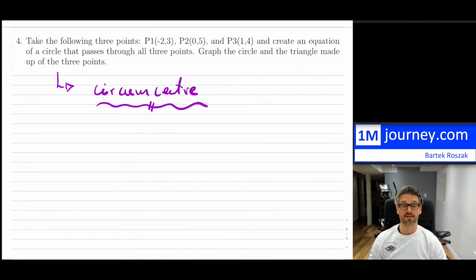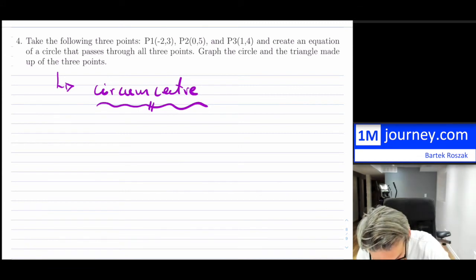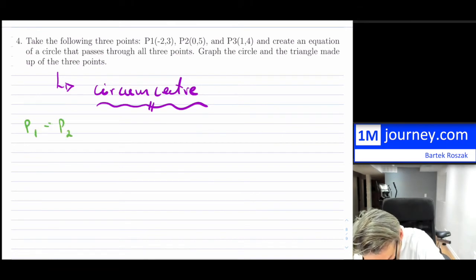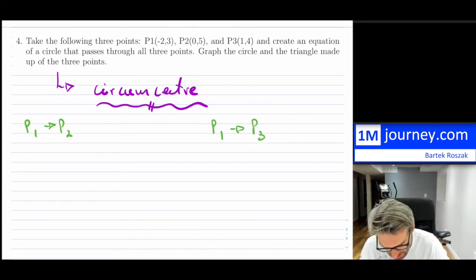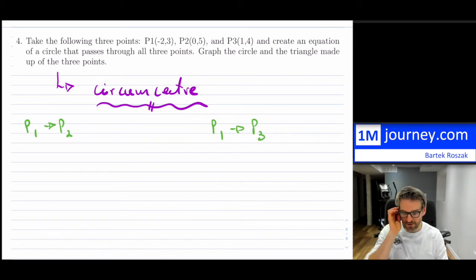Okay, let's get started. Here are our points. I need the perpendicular bisectors of all of these, which is going to be a lot of work. We need P1 to P2, that's one of the sides. P1 to P3 is the other, and then the last one is from P2 to P3.